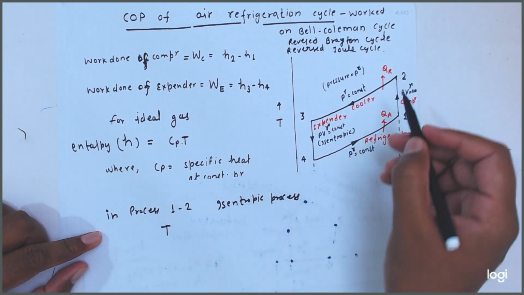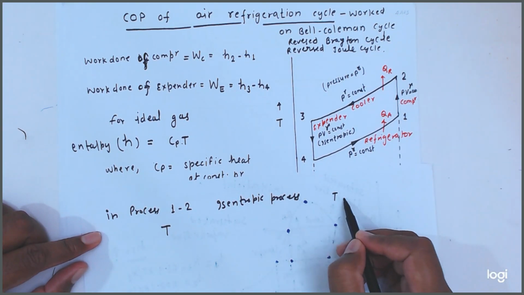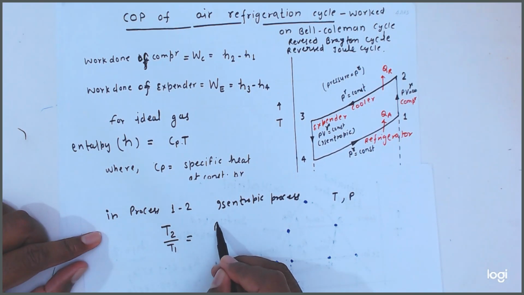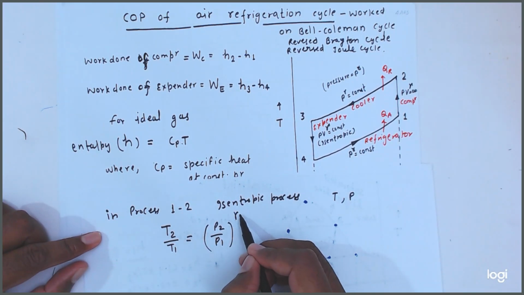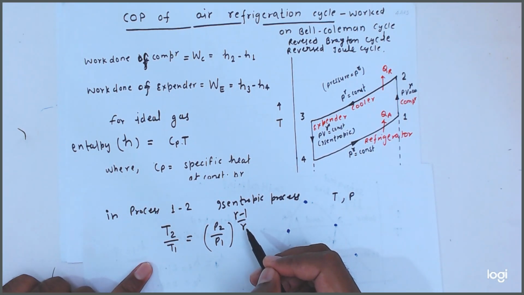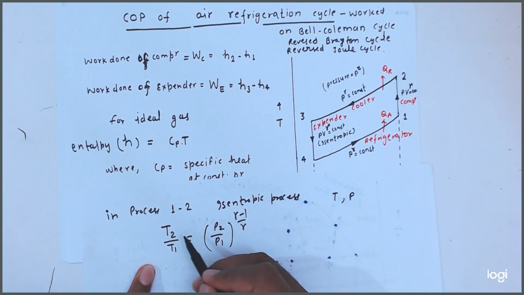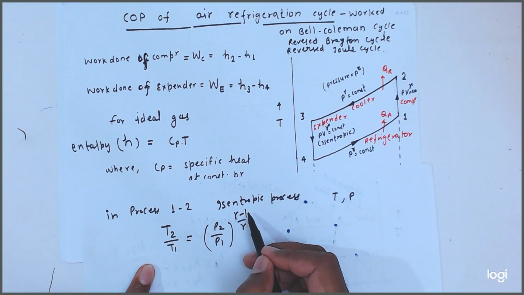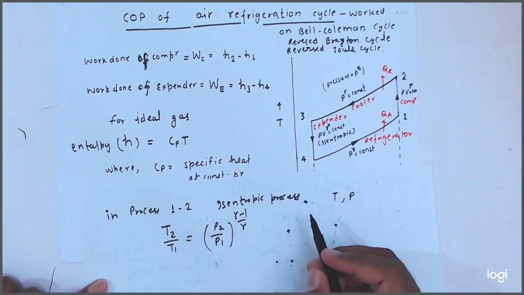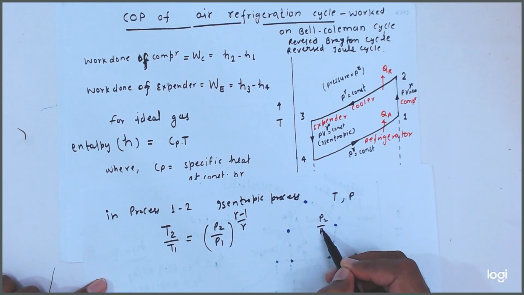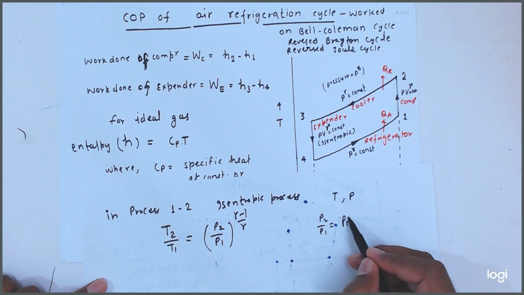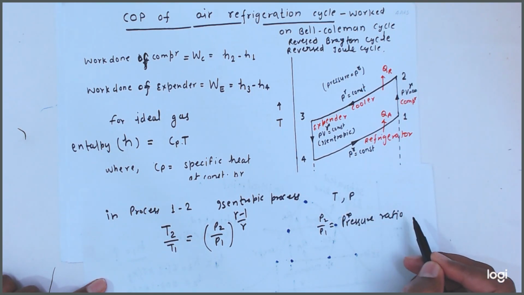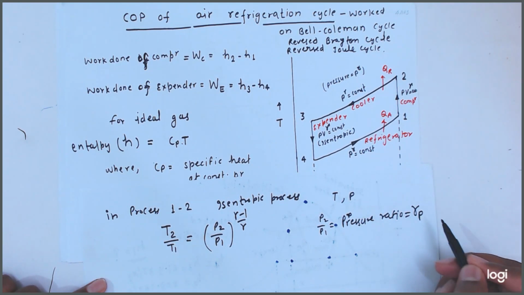So temperature at point 2, we will find the relation between temperature and pressure because it is the isentropic process. So T2 upon T1 equal to P2 upon P1 to the power gamma minus 1 upon gamma, because we know that when the process is isentropic, the relation between temperature and pressure is like this. P2 upon P1 is the pressure ratio, and it is denoted by rp.